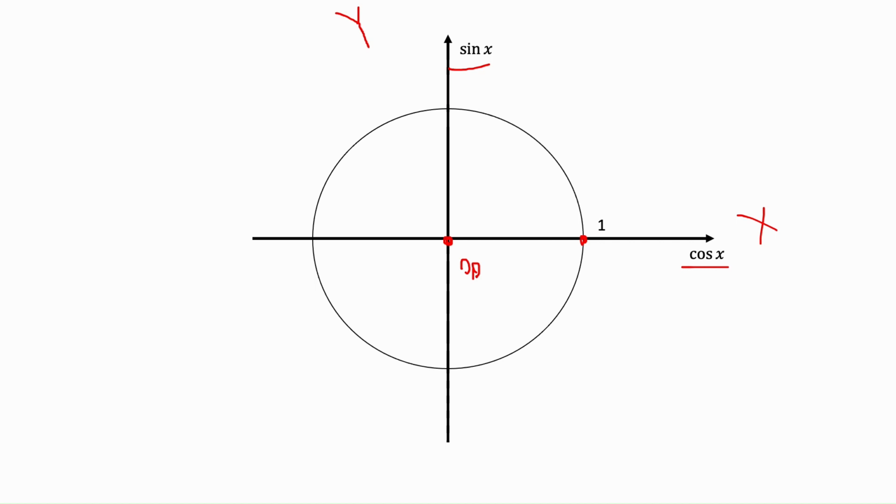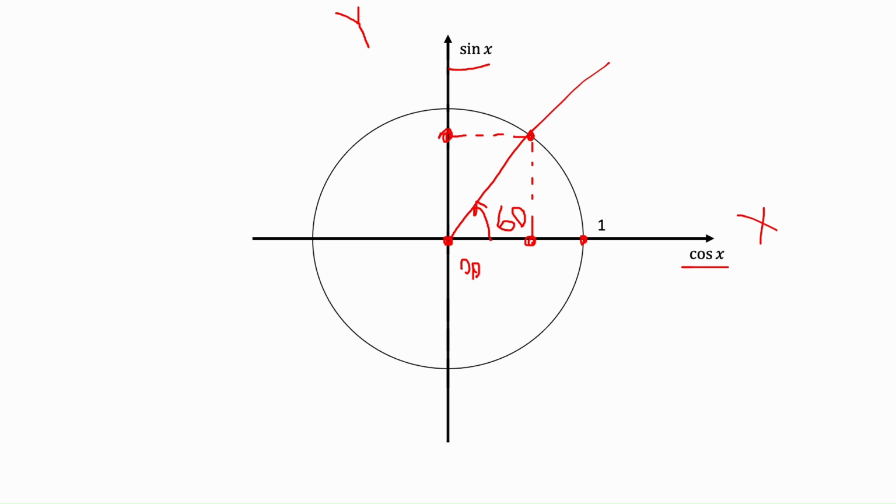Okay, so for example, we have this line here, and the angle of this line, for example, is 60 degrees. So the cosine value of 60 degrees is going to be the number here, and the sine value of this 60 degrees is going to be the value of the number here on the y-axis.